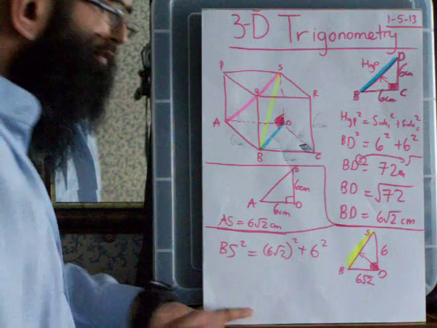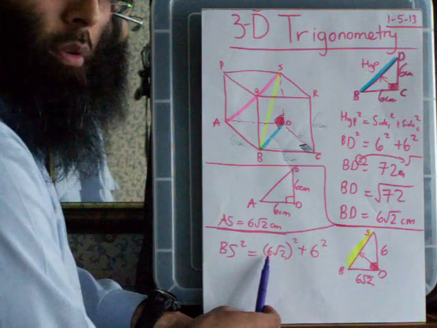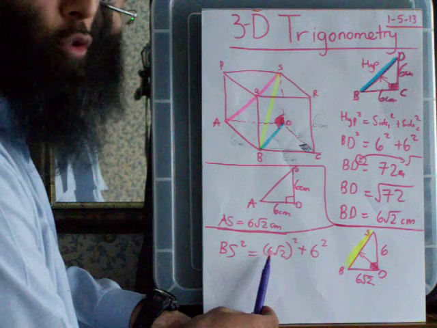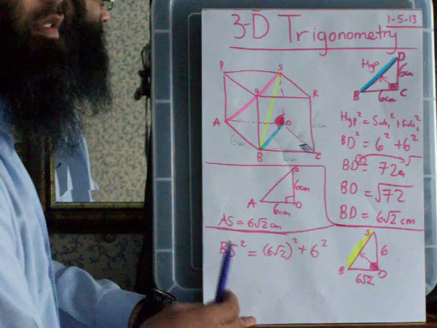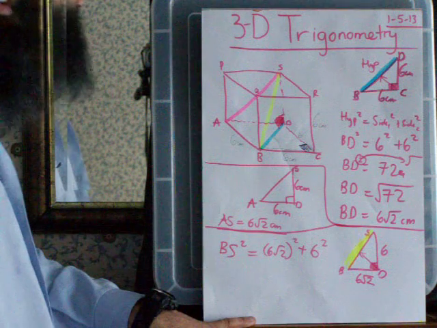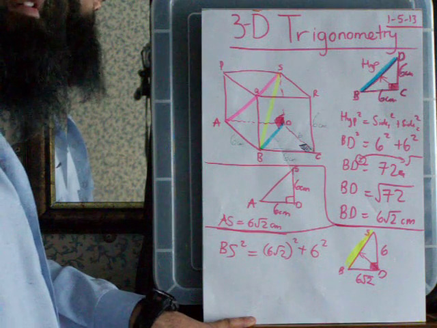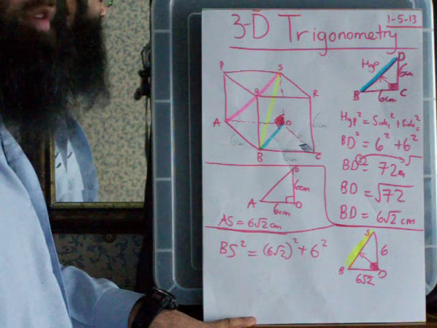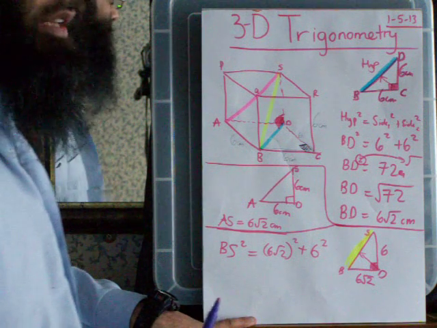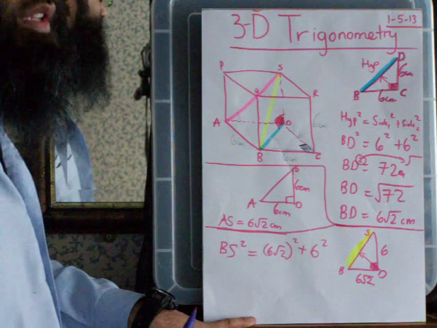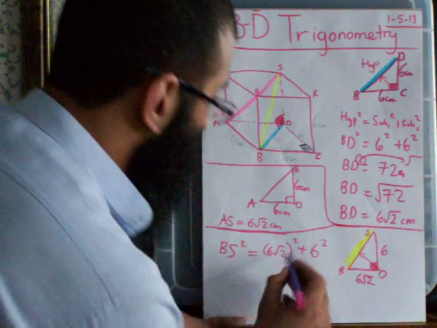Okay, so now, if we have 6 root 2 and we multiply that by 6 root 2, that will give us what? 6 root 2 times 6 root 2. If you do it mentally, that will give you 36, and a root number times the root number gives you the number inside. So that should give you 36 times 2, which is 72. Yeah, okay, lovely.